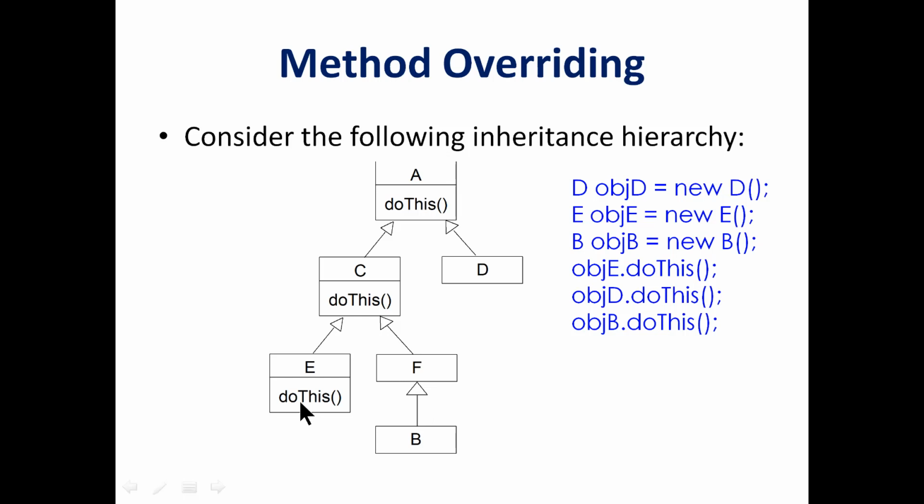That means what you are doing inside the E object. But if you call the doThis method of the D object, you are actually calling the parent method, doThis. And then if you call the doThis method of the B object, you are calling the doThis method of the C object. So you can understand how this method overriding works, right?